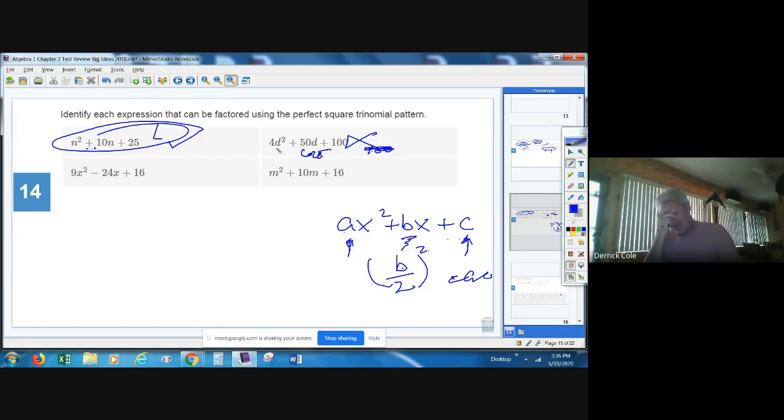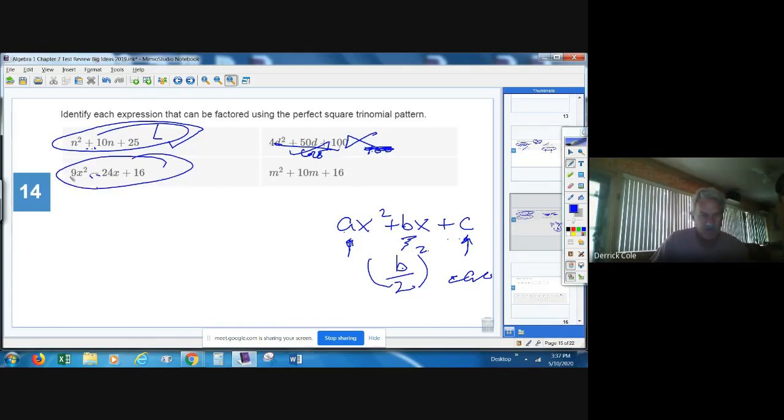Oh, 10 times 2 is 20. Okay, so this is not 1. All right. Half of 24 is 12. 12 squared is 144. 9 times 16, 144. Bada bing, bada boom. There's another one.